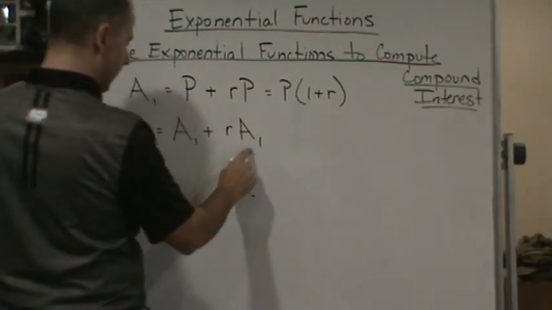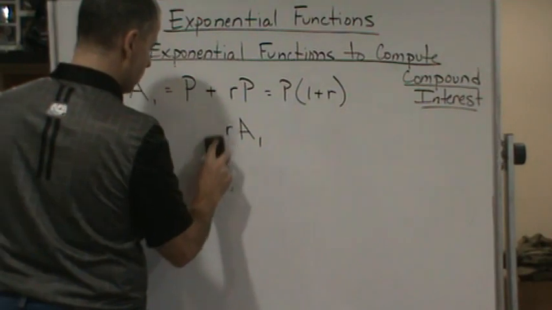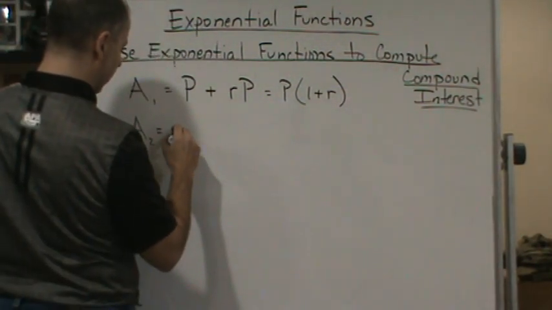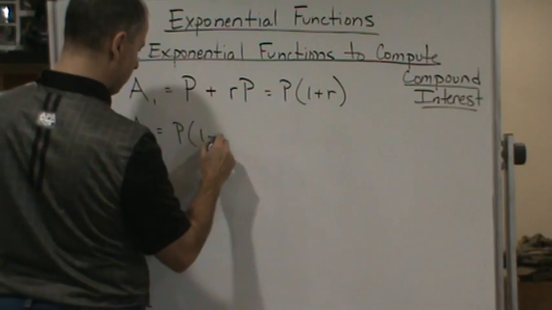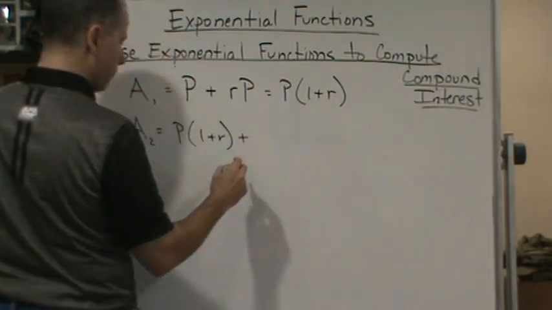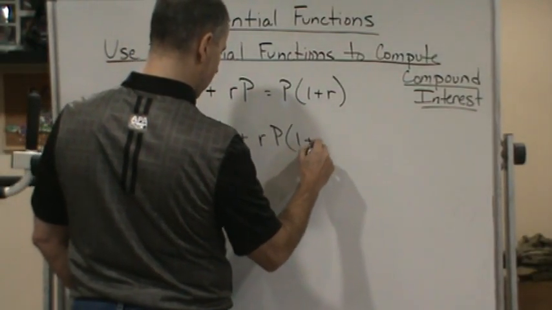But A1 is equal to this, so let's substitute in for that. That would be P times 1 plus R, plus R times P times 1 plus R.